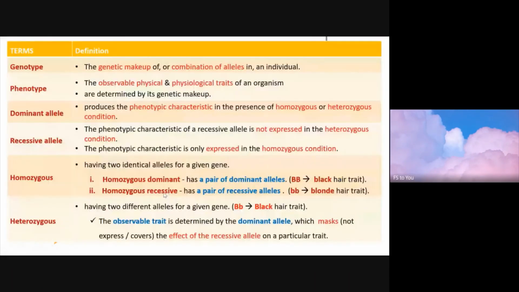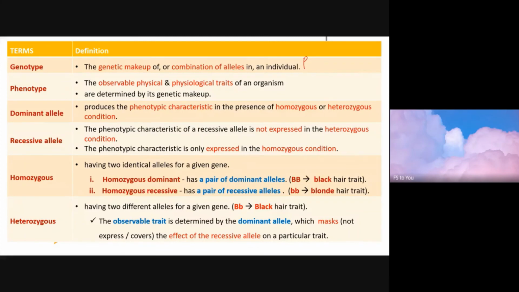So ini genotype lah. Genotype, phenotype. Dah tahu dah genotype yang capital A hasilkan dominant phenotype, small a recessive phenotype. Itu adalah genotype, the genetic makeup or combinations of allele in an individual.